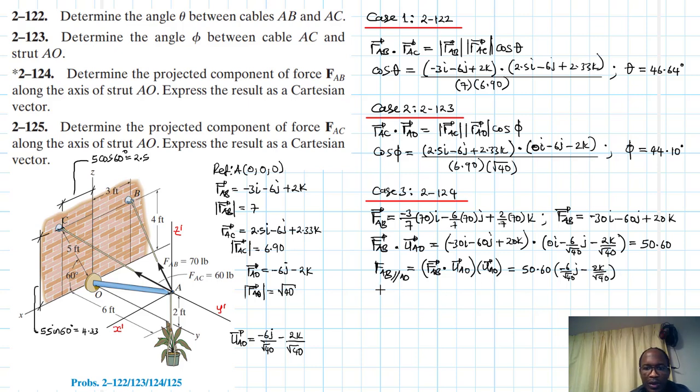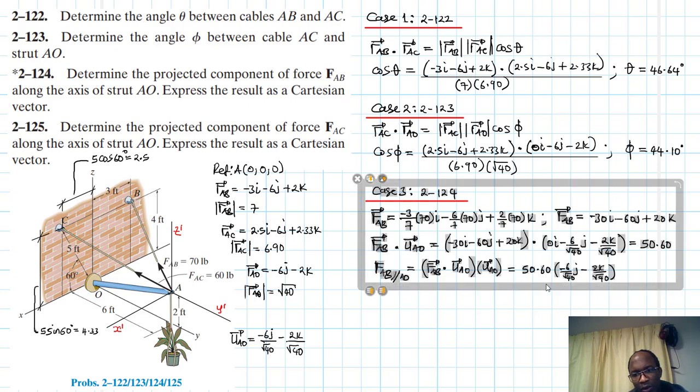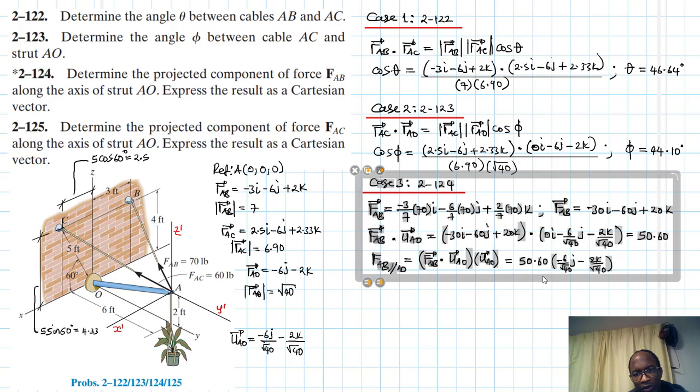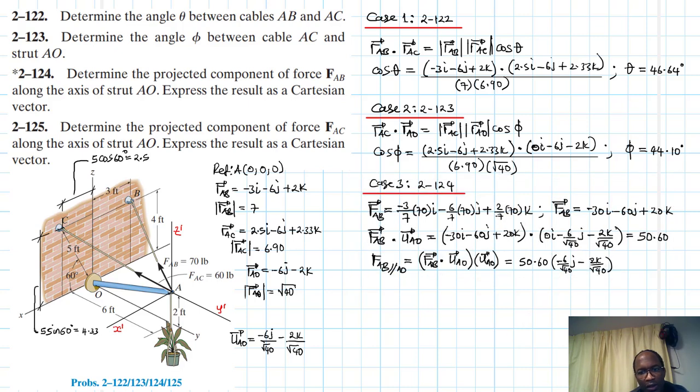Alright, and therefore the final solution becomes equal to, just move this a little bit somewhere there. The final solution for this becomes equal to FAB parallel to AO will just be equal to 50.6 times 6 divided by root of 40.